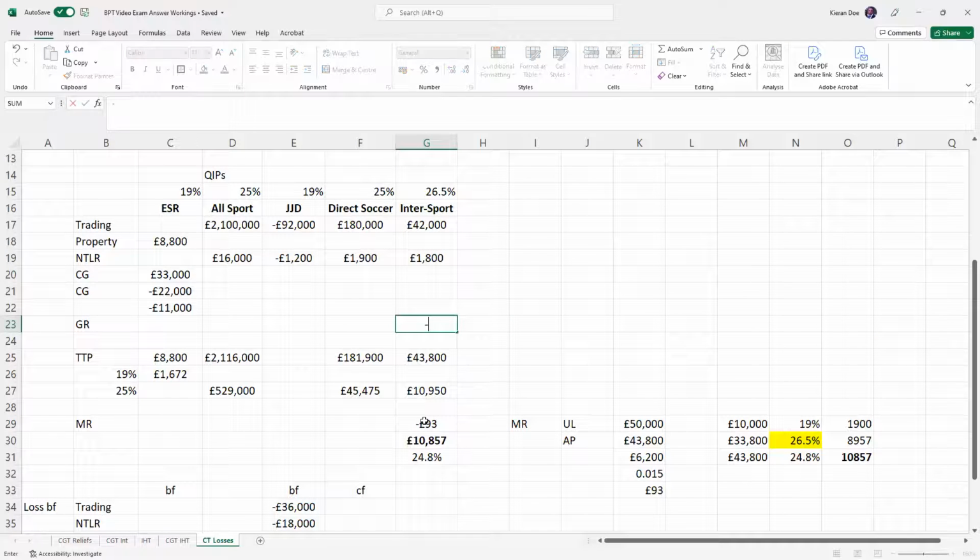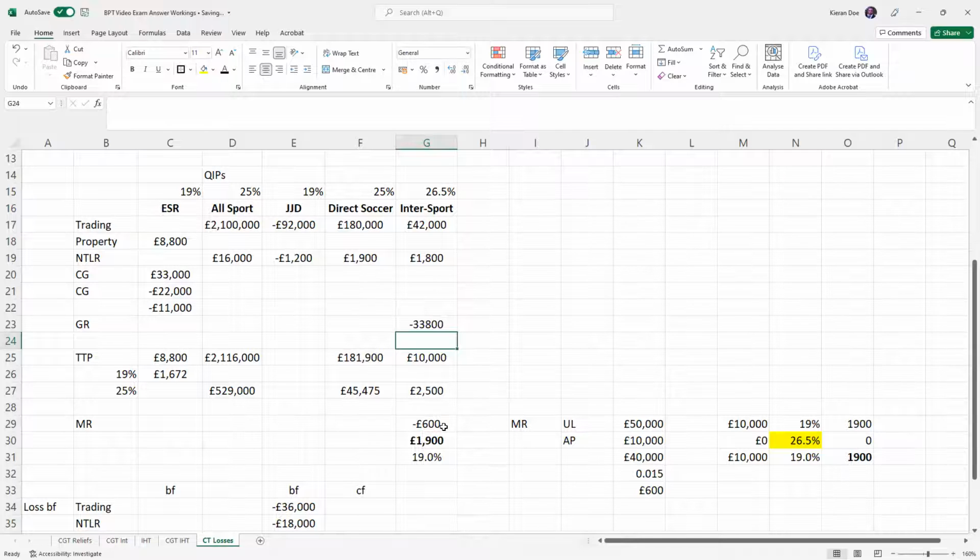So it's got a group relief claim of 33,800, and that would mean all of those profits would now be at 19%, so at 1,900, and it's just saving that tax at that marginal rate. This is their tax liability now. This is their tax liability before. So we can see how much tax is being saved as a result. So put the group relief in, and then of course everything is being taxed at 19%, and therefore there is no marginal relief to claim.